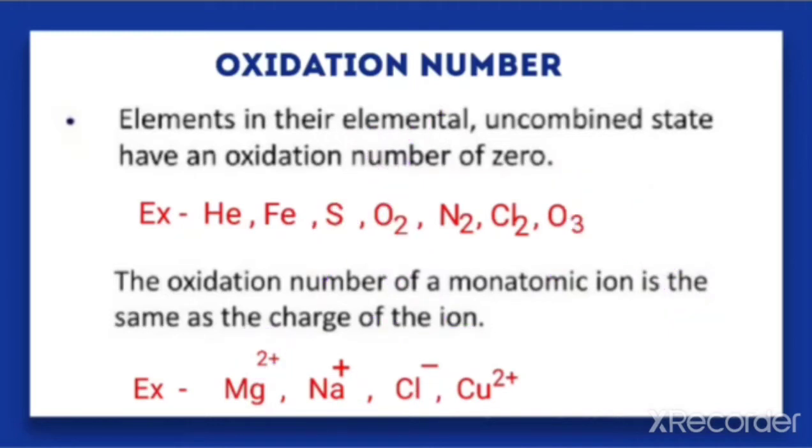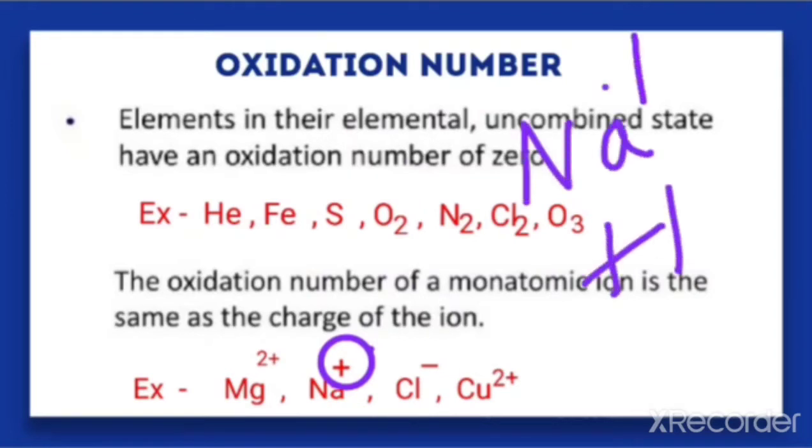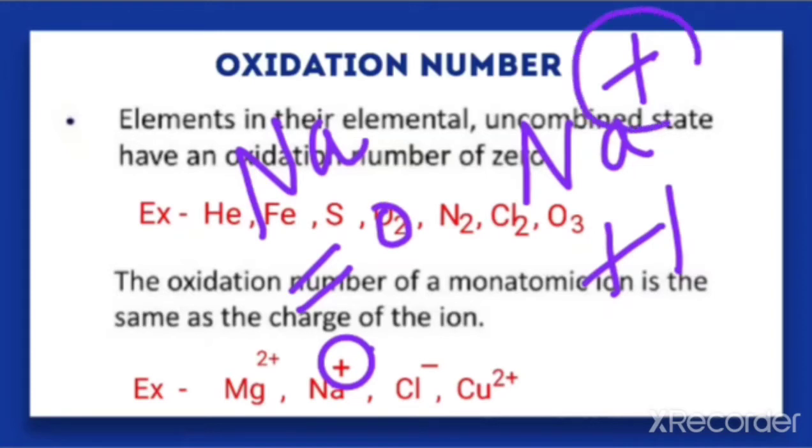What about the case of the sodium ion? The sodium ion has one positive charge, so its oxidation number is plus 1. But for sodium atom, the oxidation number is equal to 0. For the sodium ion, the oxidation number is equal to its charge, that is plus 1.